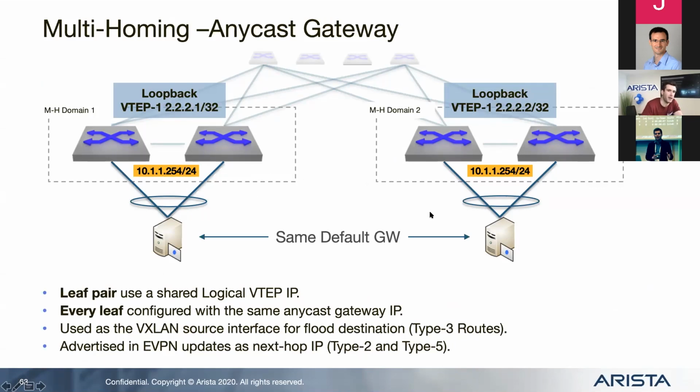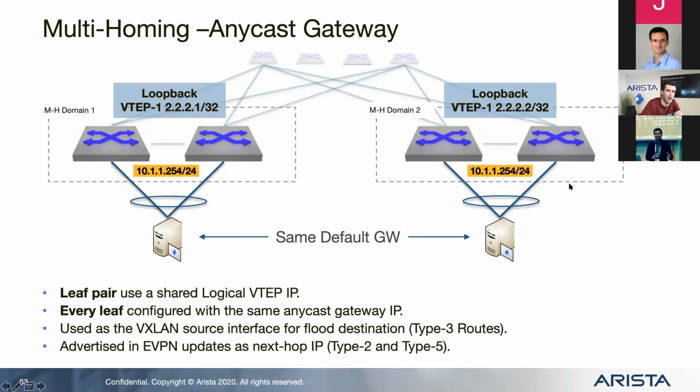By using the virtual IP, we are also not burning an IP address just to address the top of rack switches. Once this has been configured, we can then configure a shared loopback IP per pair of devices.